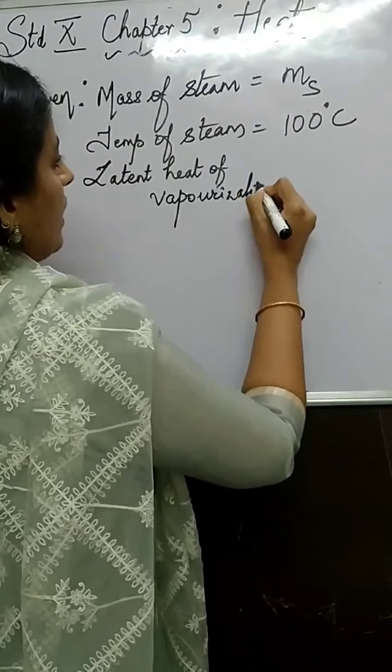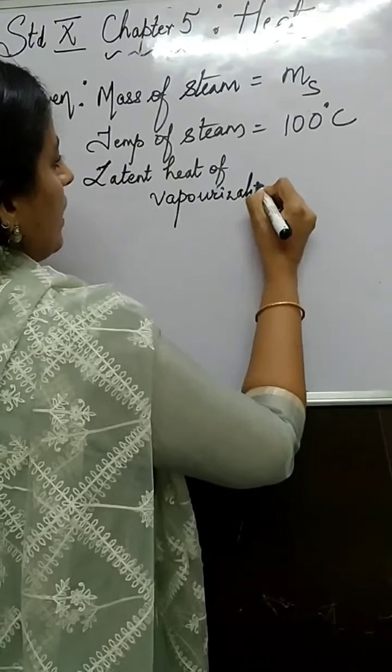When it undergoes condensation, it will get converted into liquid state. So whenever state changes, you will introduce ML. Now for steam, we will write Ms, specific heat S, delta Ts, and Ms, and latent heat of vaporization as Ls.